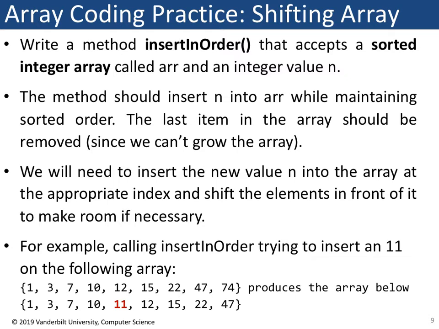So think conceptually about what we're trying to do. We have some array here, 1, 3, 7, 10, 12, 15, 22, 47, 74, and we want to insert the value 11 into that array, keeping the sorted order. We're going to have to insert it at element 4.